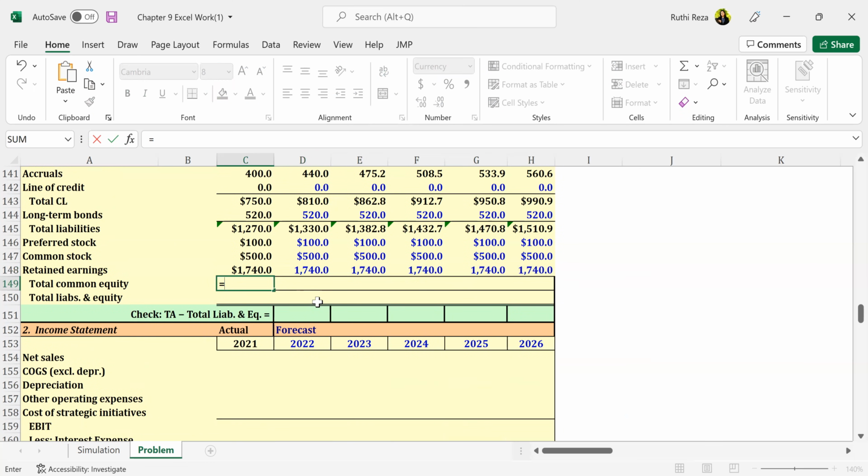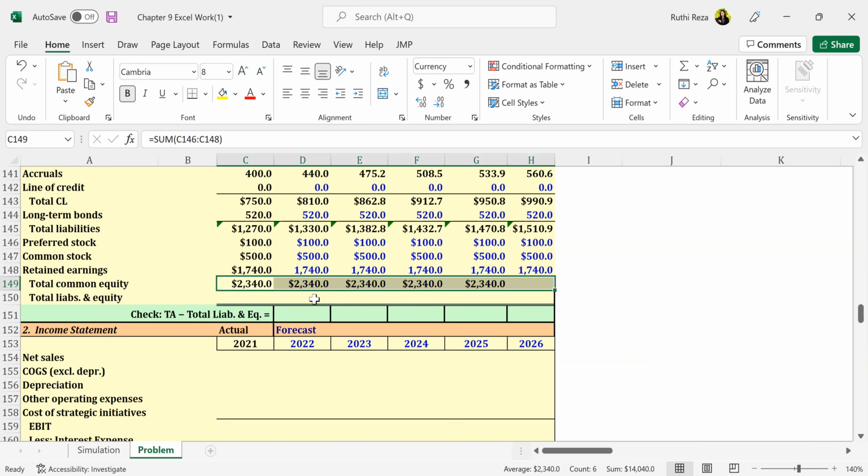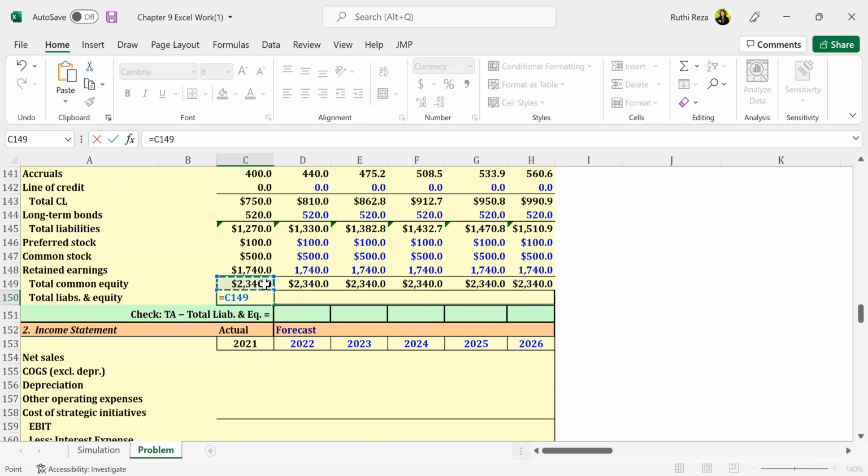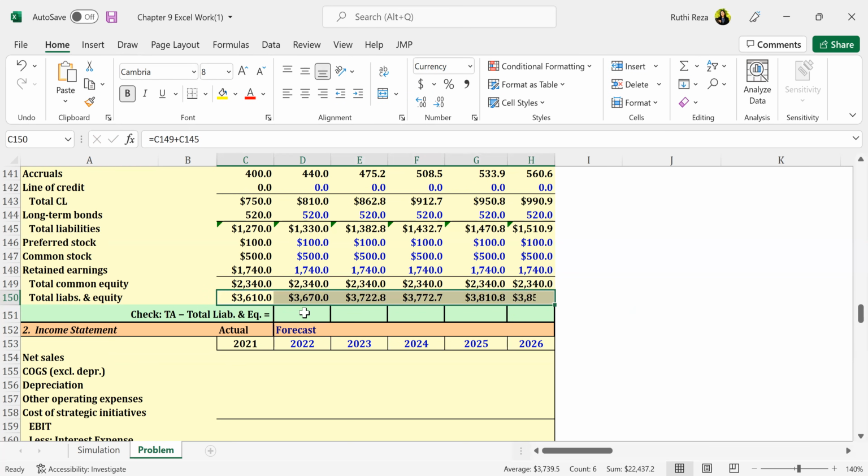Then get sum of total common equity, then total liabilities and owner's equity, okay.